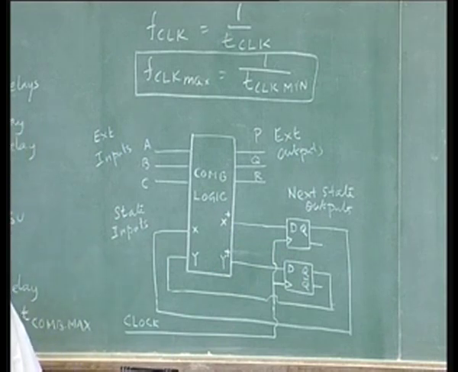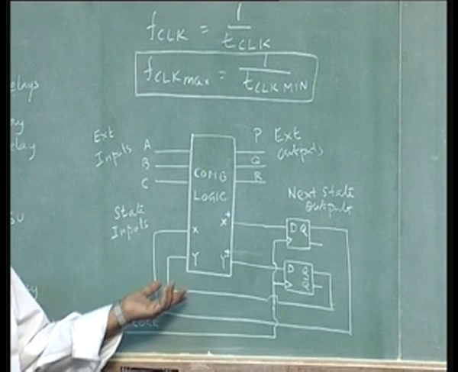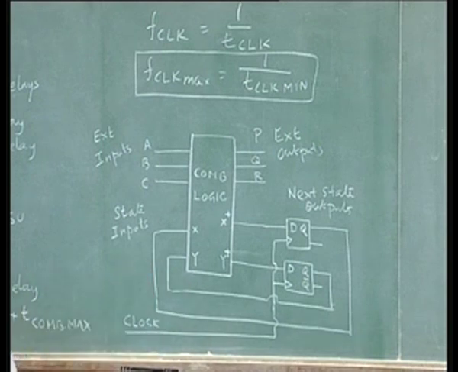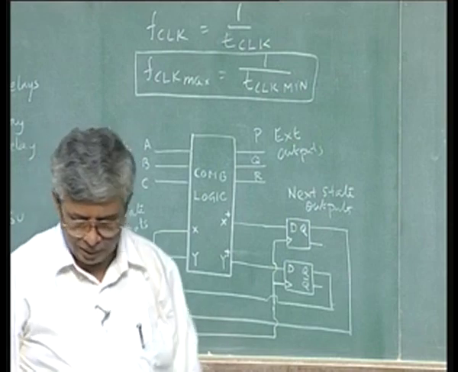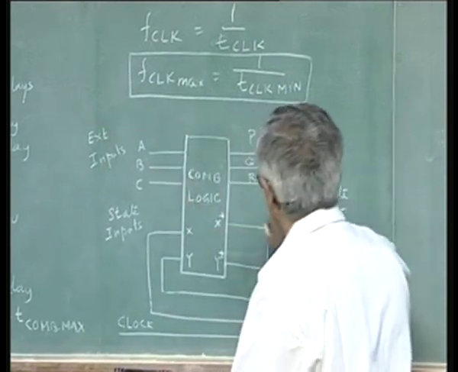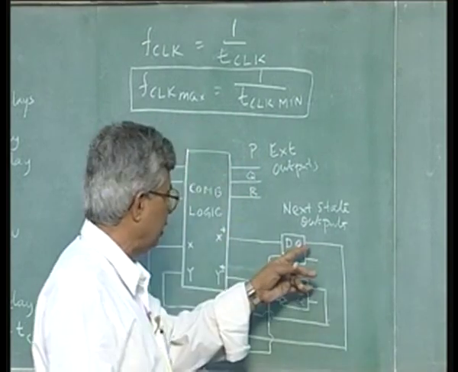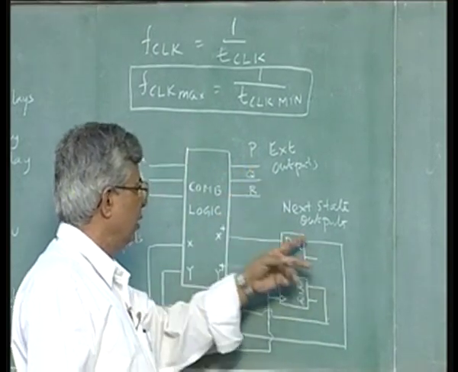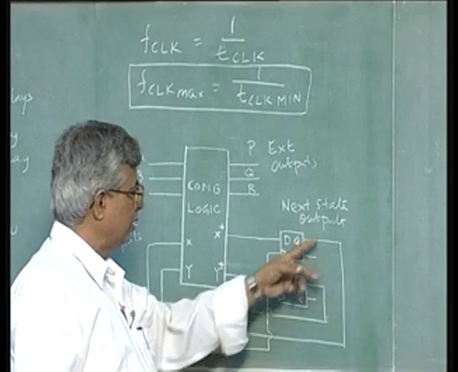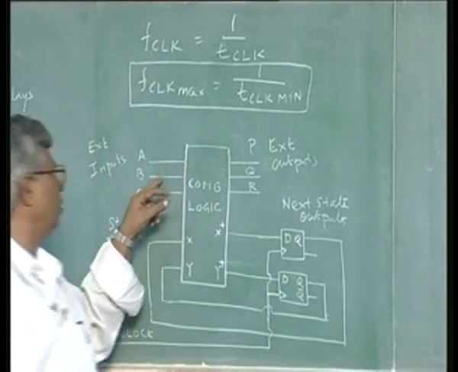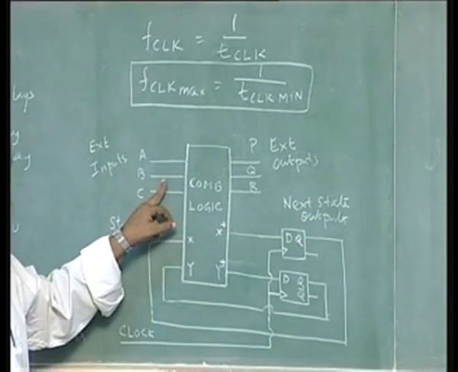There is one other variation of this circuit, which is sometimes seen. Sometimes the external outputs are not directly from combinational logic, they combine the state outputs along with the combinational inputs.